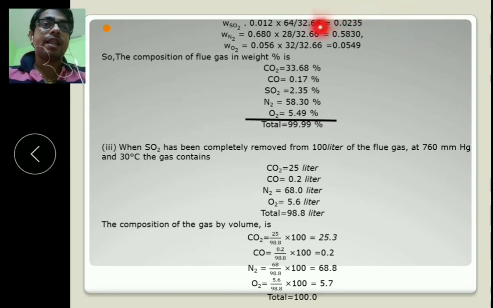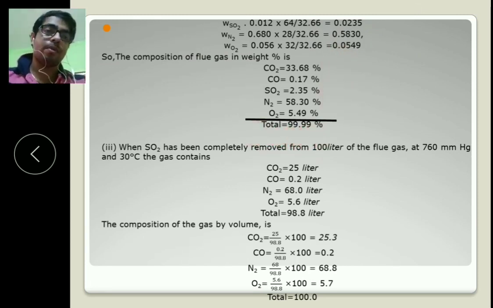Okay, and that is in fraction. In percentage, you have to multiply by 100, and the total is 99.99, so it is almost equal to 100, no problem.